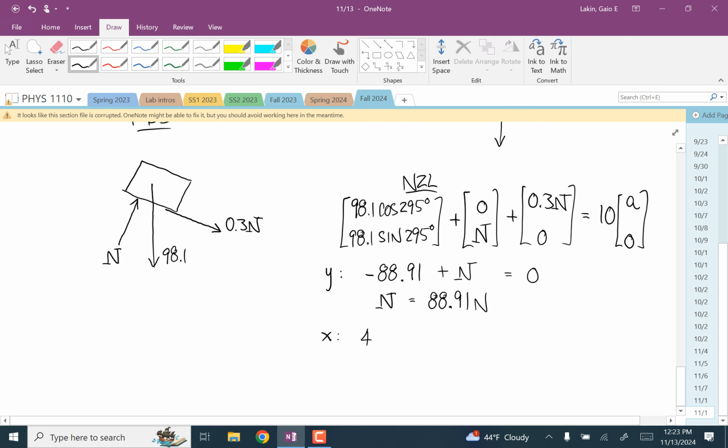And you get 41.46 plus 0.3 times 88.91 is equal to 10a. And so a is equal to positive 6.81.